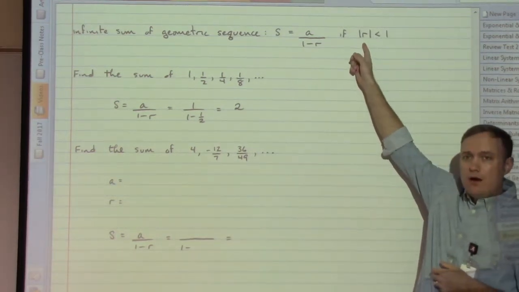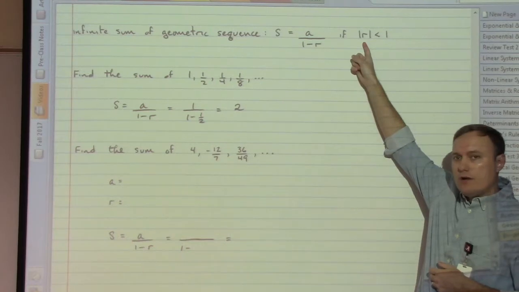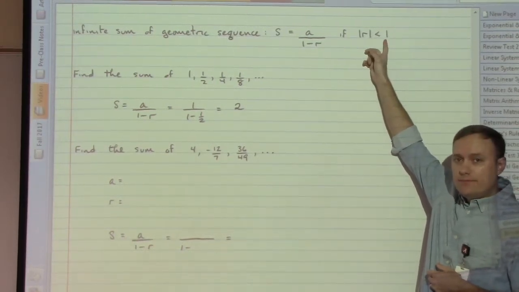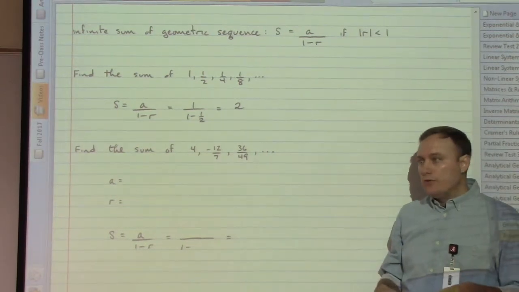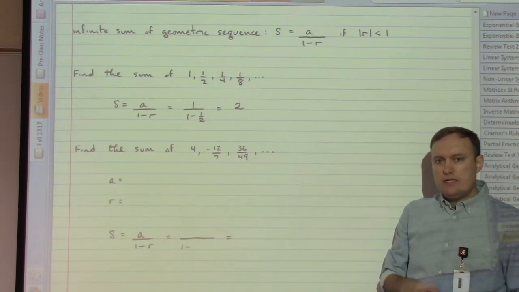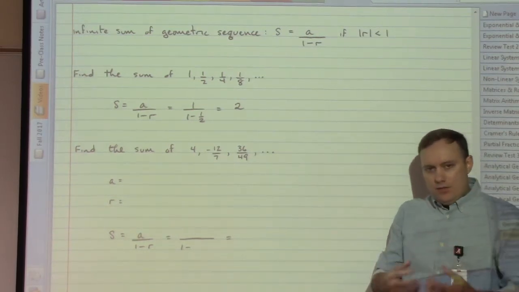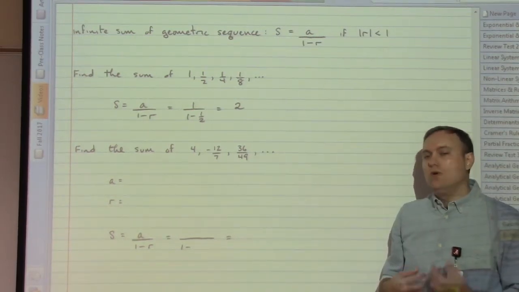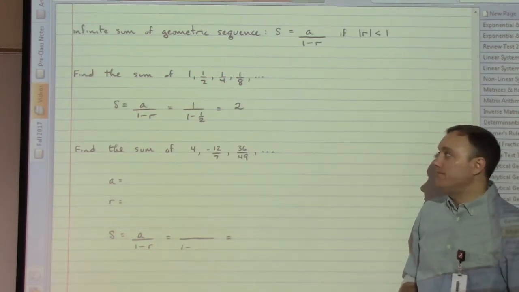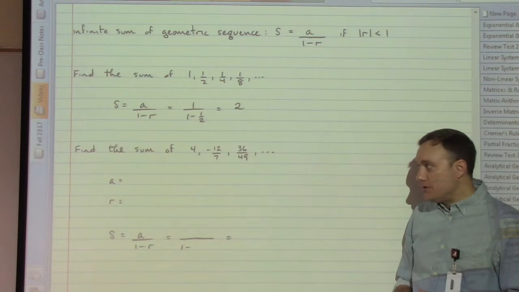Only when the absolute value of our common ratio is less than 1 will we get our terms decreasing, decreasing, decreasing, so that our series will converge and we would have an infinite sum. So that is a restriction.